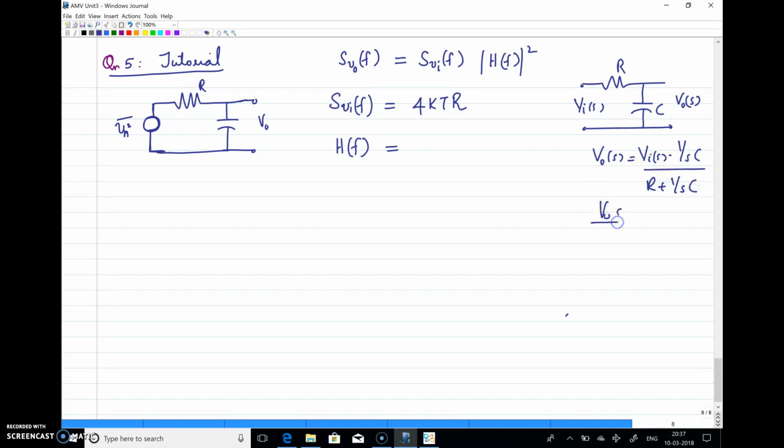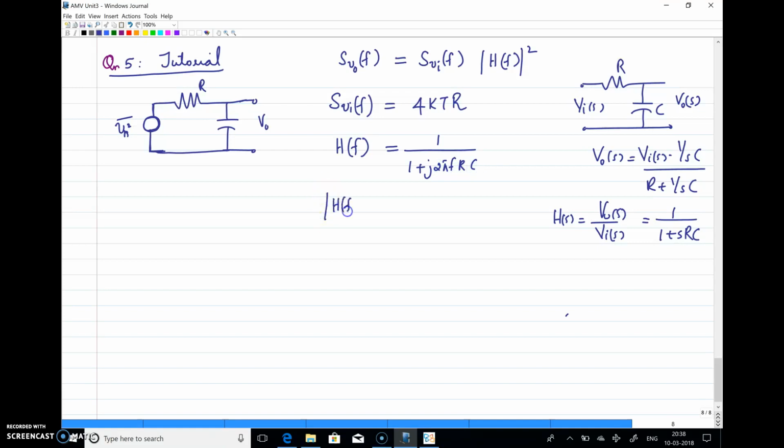So Vo of S by Vi of S is 1 by 1 plus SRC, which is the transfer function of this low pass filter. When I express that in terms of F, it is 1 by 1 plus j 2 pi F R C, since S can be written as j 2 pi F.